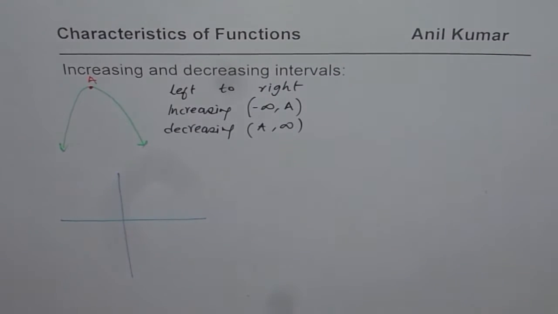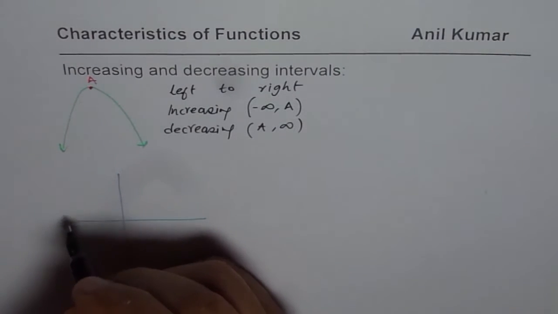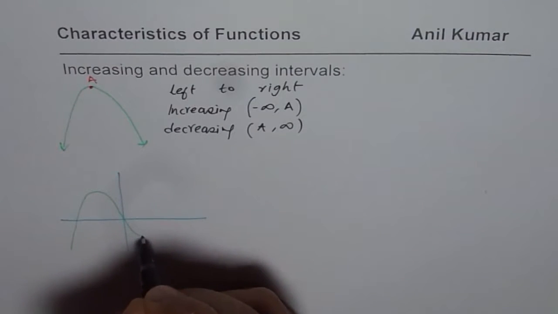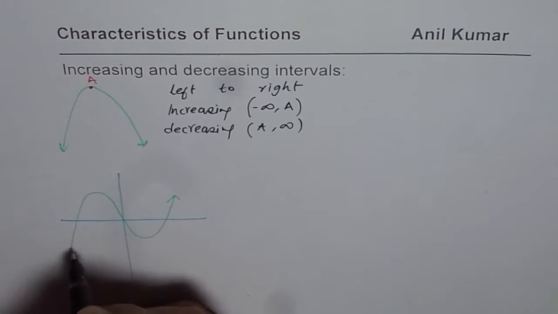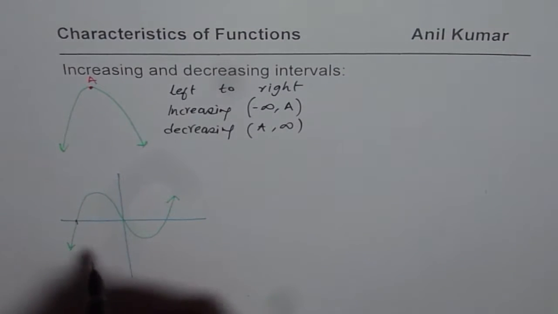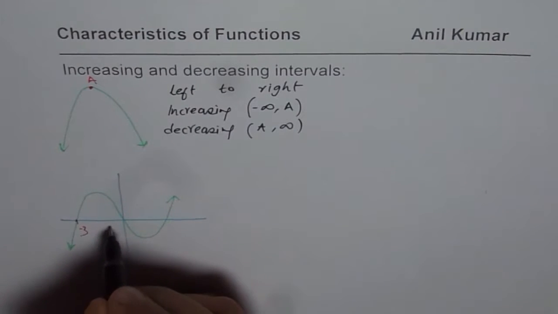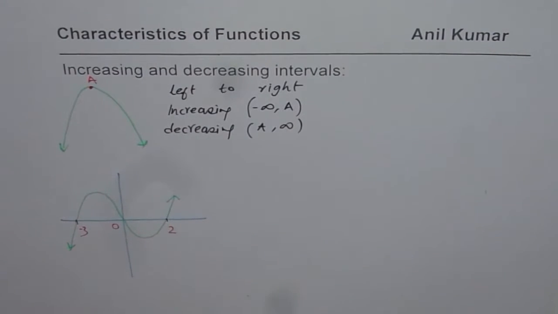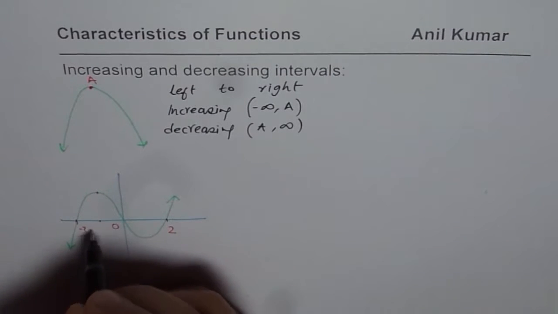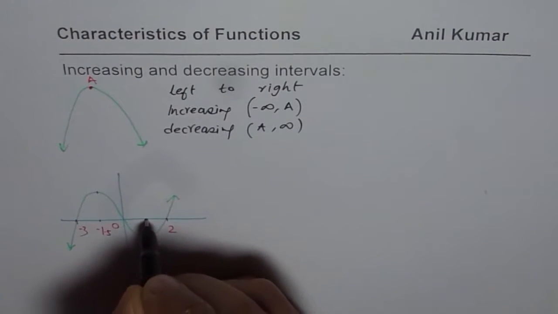Now let us give you a practical situation. Most of the time you are given the values, right? So I have a graph here which is kind of like this. Now in this particular graph, if I give you the points here, which are, let us say, minus 3, 0, and 2. And if I say this point here is at minus 1.5, and this point here is at, let us say, 1.